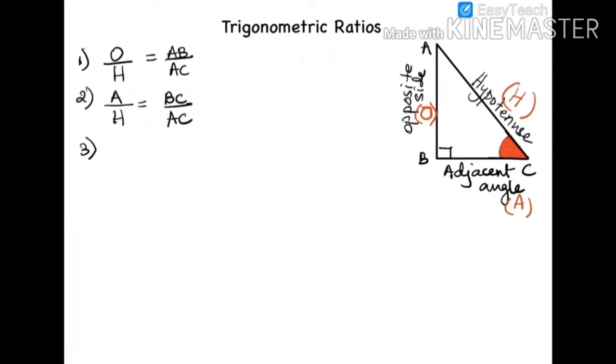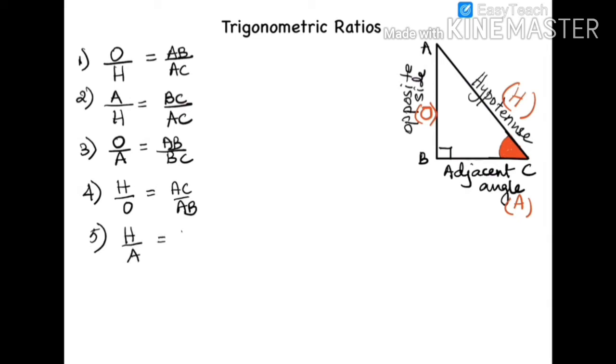The third ratio can be formed as opposite upon adjacent, which is AB upon BC. Fourth ratio will be hypotenuse upon opposite, which is AC upon AB. Fifth ratio, hypotenuse upon adjacent, which is AC upon BC.